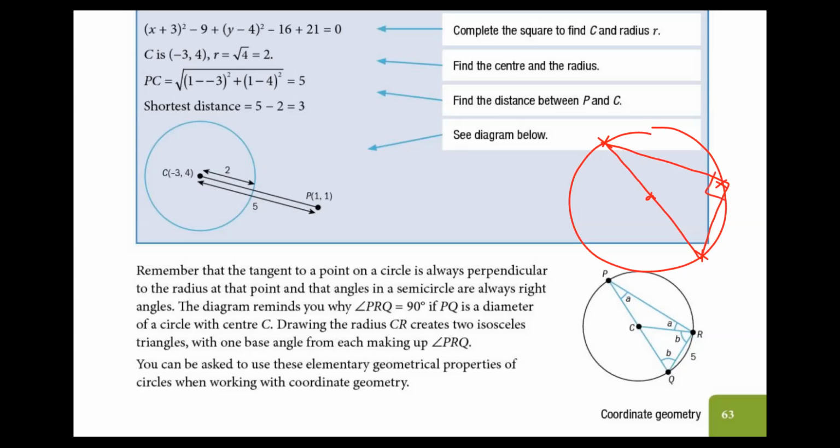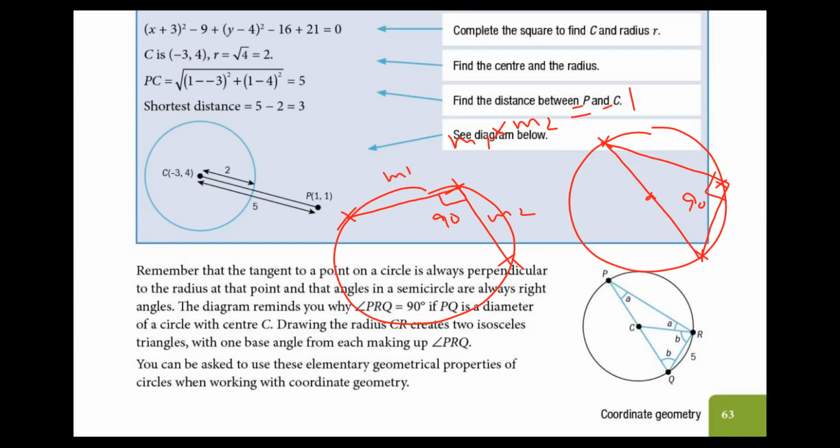If you can prove that gradient M1 and gradient M2 have a product of -1, it means the angle between them is 90 degrees.